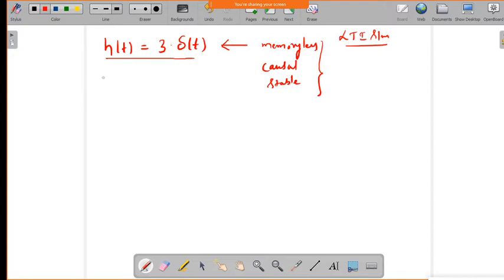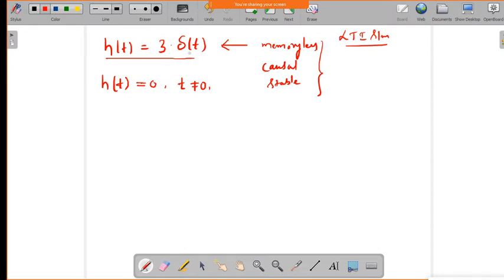So, what is the condition for memoryless? We taught yesterday that if h of t is equal to 0 for t not equal to 0, then we will call the system memoryless.